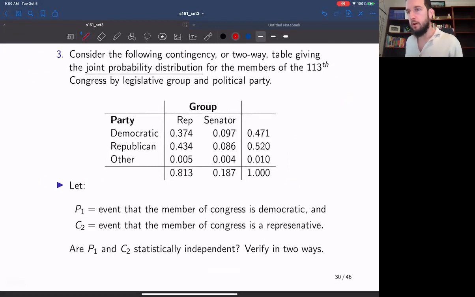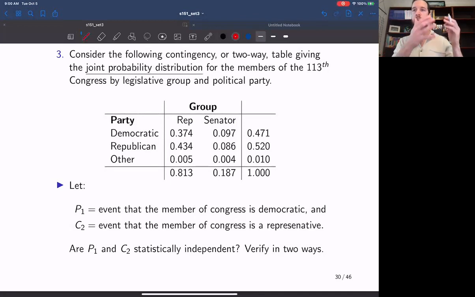All right, we are going back to our contingency tables now. In this example, we have a contingency table that's actually showing us the joint probabilities rather than the counts. So this table is interpreted pretty much in the exact same way as the original contingency table. The only difference is that we have taken the total size and divided every number in the table by that total size.